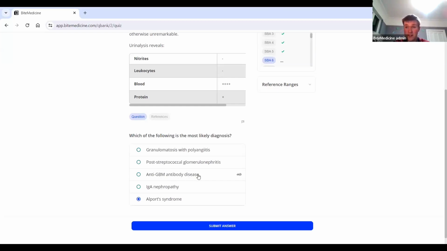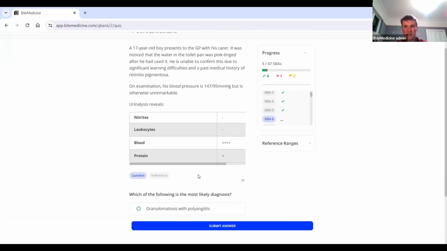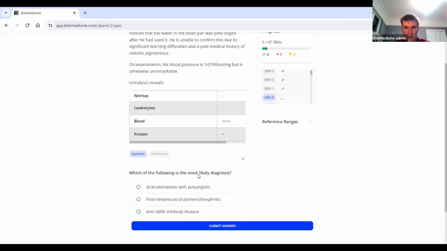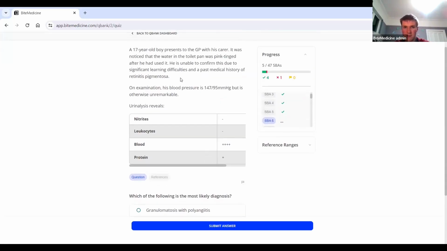Anti-GBM antibody disease, that's Goodpasture syndrome. It theoretically could be. You'd also be expecting sort of history of hemoptysis as well, because they get alveolar hemorrhage. That's not mentioned. GPA is a vasculitis, could cause these symptoms, but wouldn't explain these in isolation.